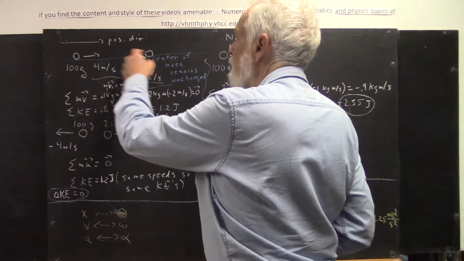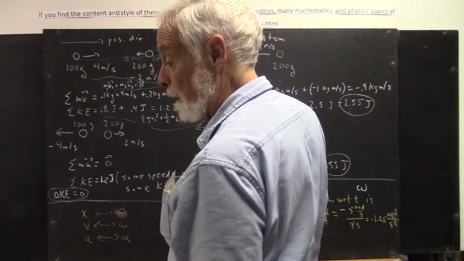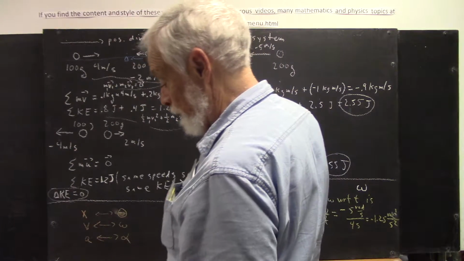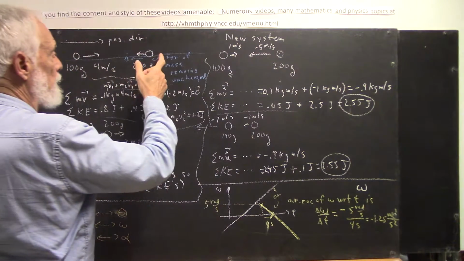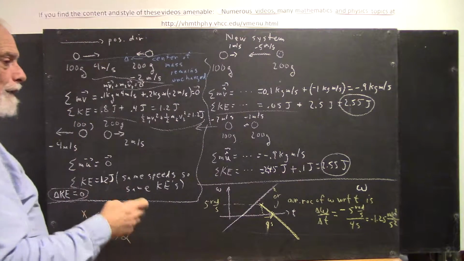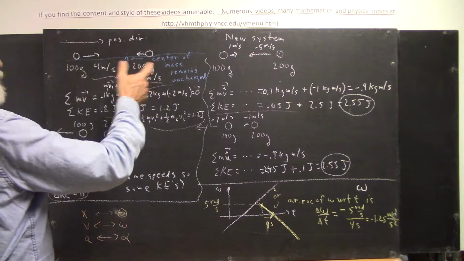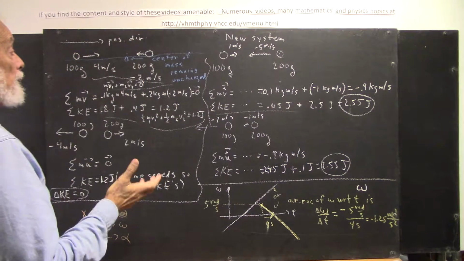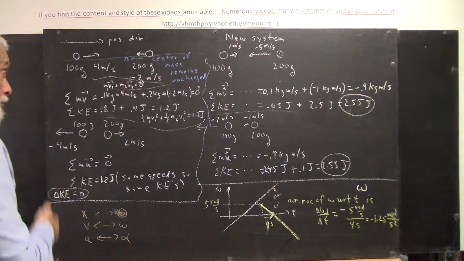Both of these would have the same tendency, so the system would rotate in this direction. Now, that tells us that you can't put the fulcrum to the left of this one, and you can't put the fulcrum to the right of this one, something you know from having picked up unbalanced objects. You know you have to grab this thing somewhere in the middle, and you also know you've got to grab it closer to the bigger mass than you do to the smaller mass.